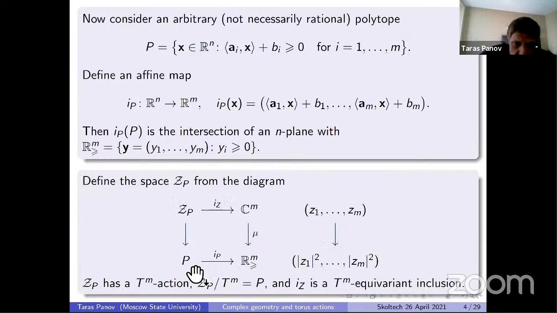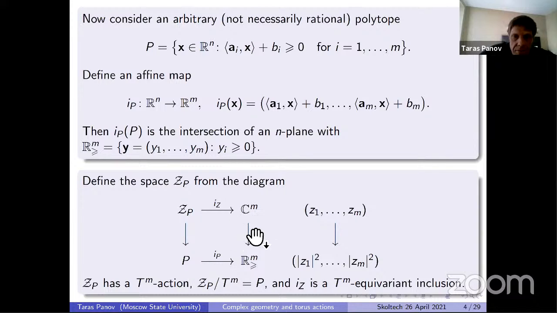And now, here you have this map. So we restrict it to the polytope. We embed the polytope into this positive orthant. Now remember that this positive orthant can be thought of as the image of the moment map for the standard torus action. But now we just consider this as a map like this, coordinate-wise square of moduli. And then you pull back.